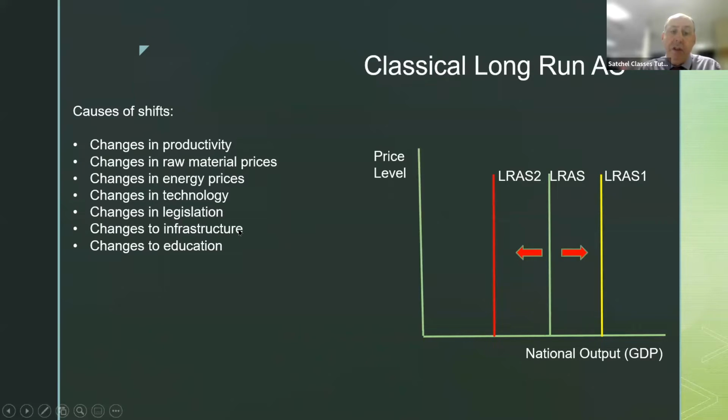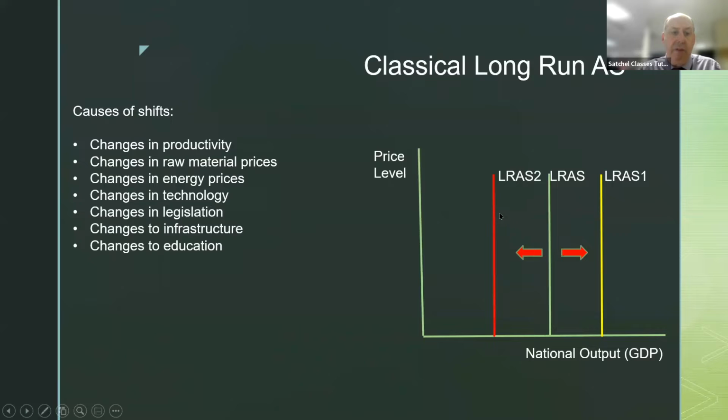Changes to infrastructure, so things like roads, rail. If you improve that infrastructure, even broadband, you can potentially increase long-run aggregate supply.